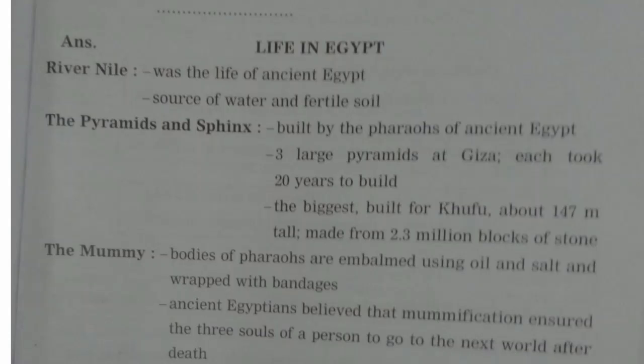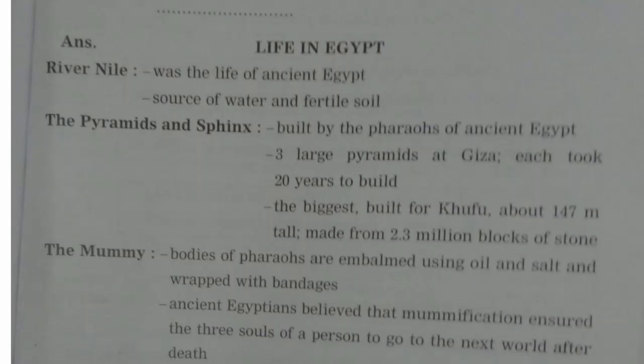The answer is, for river Nile you will write, it was the lifeline of Egypt. It was a source of water and fertility of soil. You can say soil fertility. The pyramids and the Sphinx, no need of writing it was, you can write in point form.